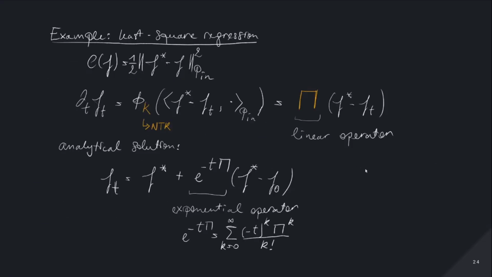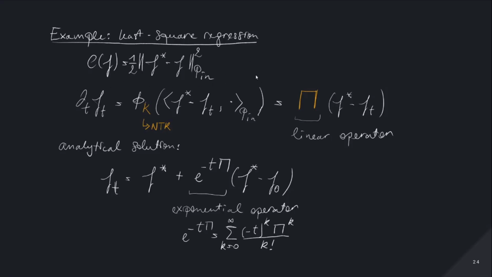So yeah, if there are no questions, I'll move on to the second example, which is least squares regression. So let's assume that our cost function is just the squared norm between some f star, which is maybe what we're trying to approximate, and our f theta.